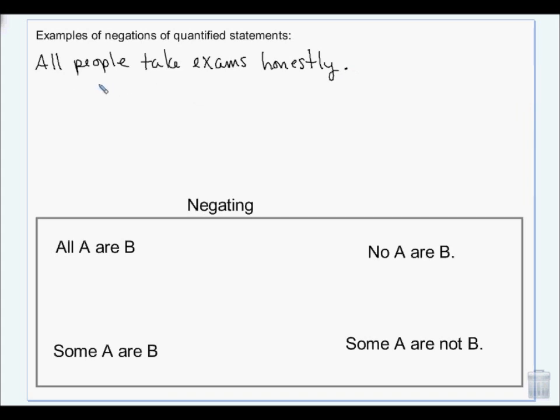The negation is some people do not. Okay, and the reason it has to be some people, because if we said all people do not take exams honestly, we'd be saying that everyone cheats, which is not true. So the negation of all people doing something is that some people don't do it.